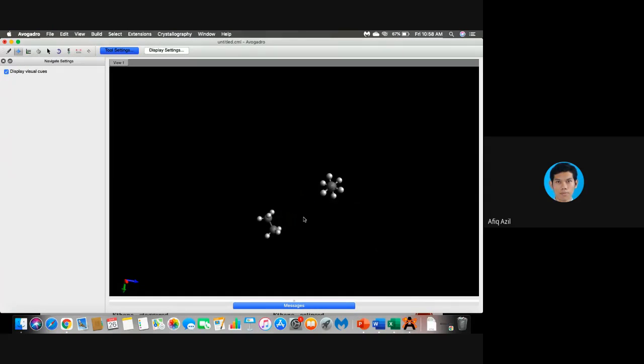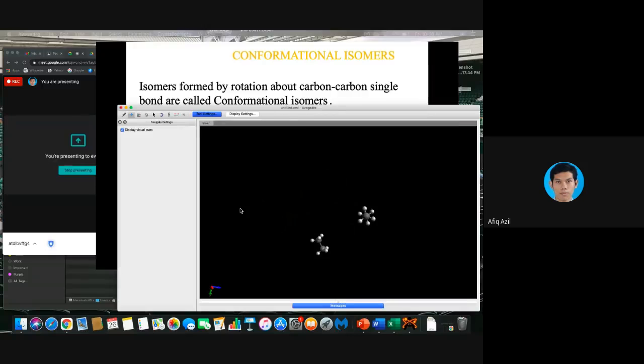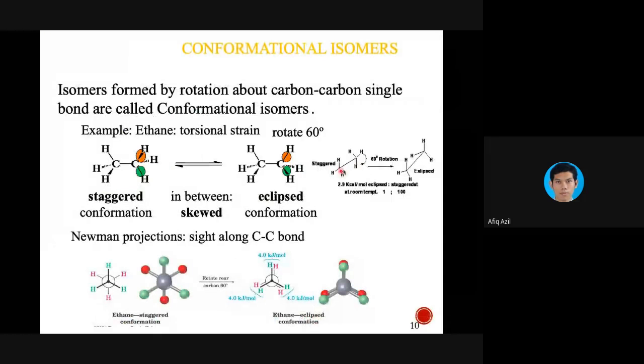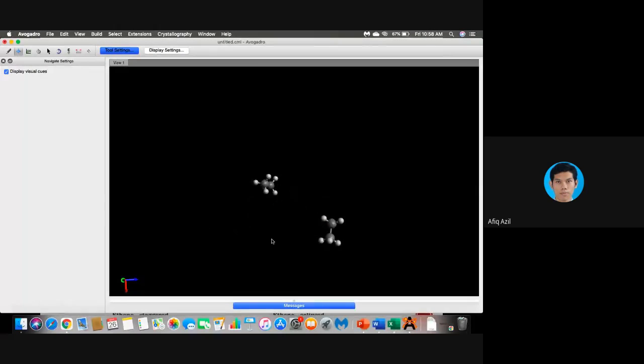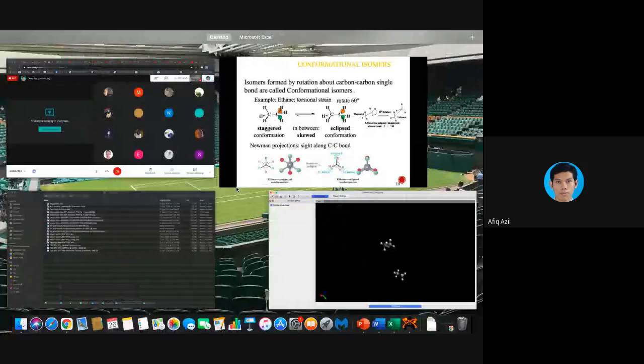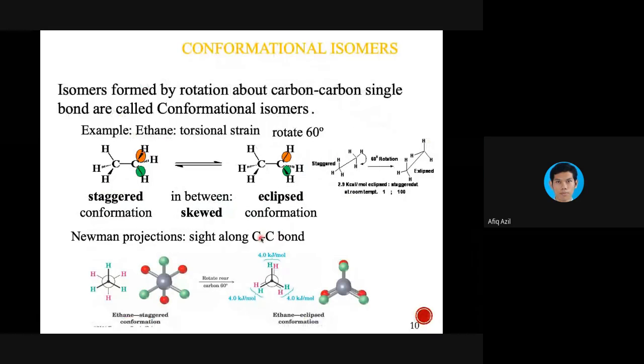While this one is actually from the side angle. But for Newman, you view it along the C-C bond, right from the front. So this is your staggered conformation.